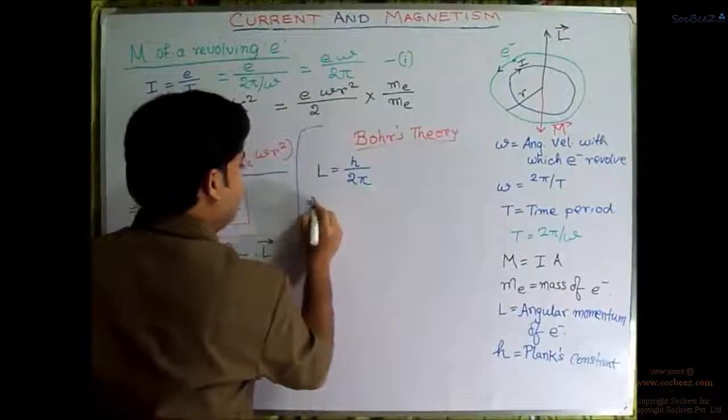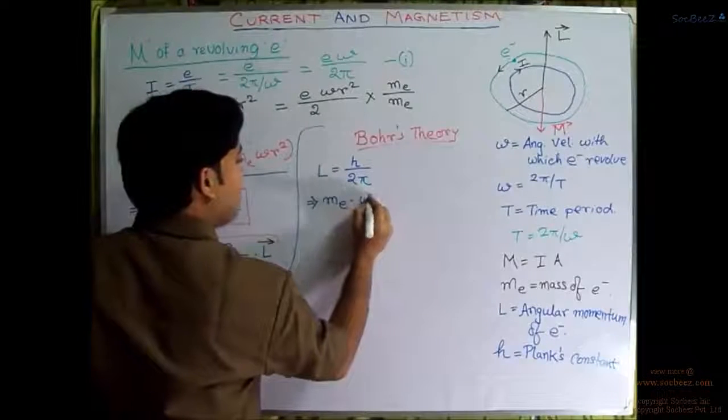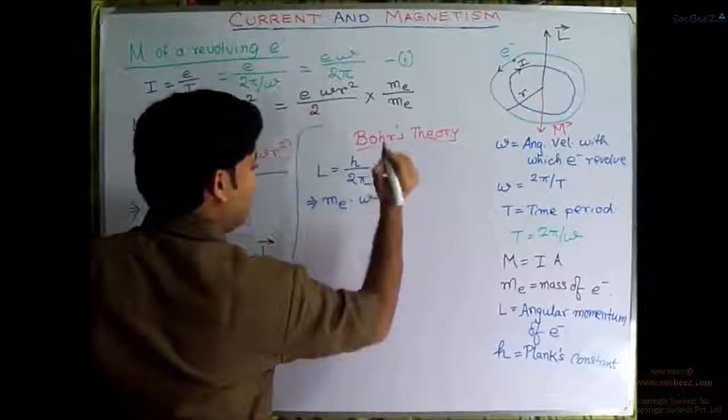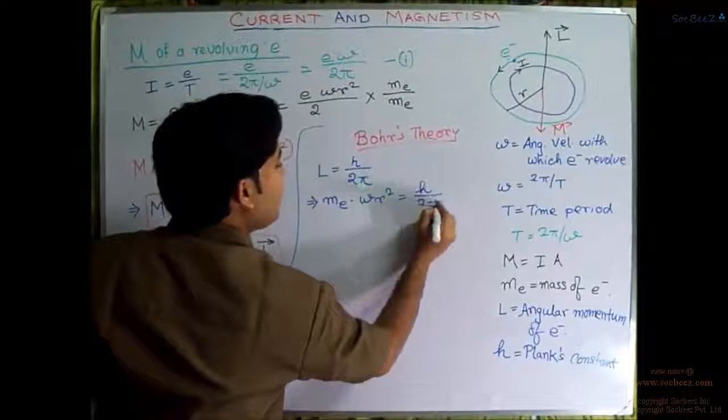So we can write it as mass of electron multiplied by omega r square is simply equal to h divided by 2 pi.